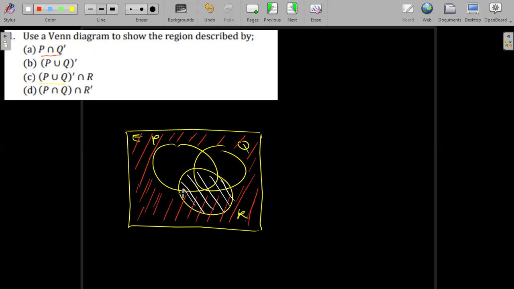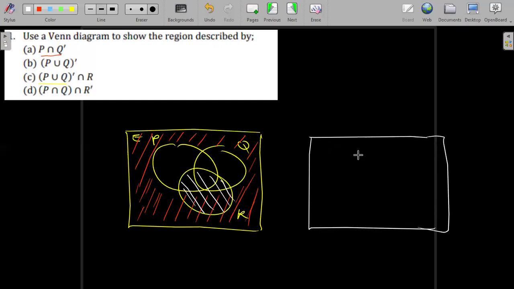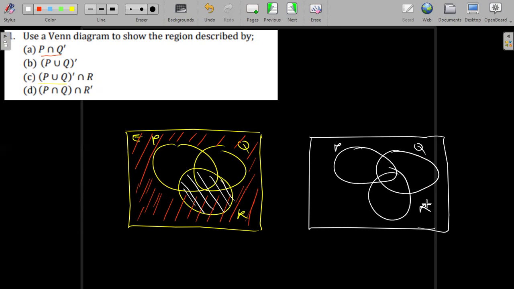They crisscross at this region here, and I can clearly see that when I separate it like this, with my P, Q, and R and my E there. So the crisscrossed part, where those lines crisscross, is just this region here. So this here is my P union Q complement intersection R.